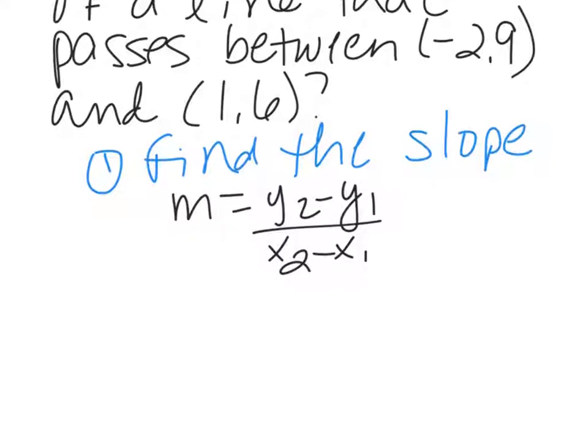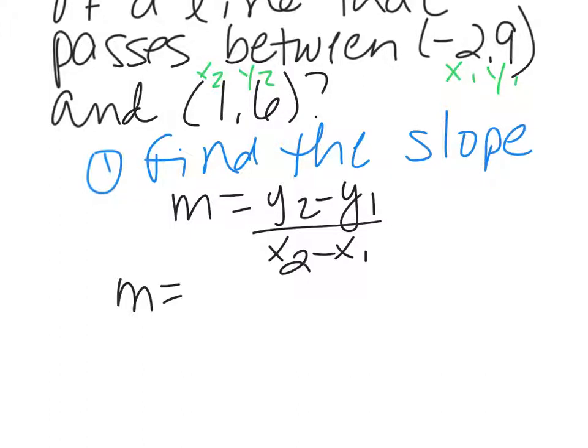You could make a little table if you wanted to, but I'm going to do it this way. So I'm going to use x1, y1, x2, y2. Basically, the way I remember it is I'm just going to subtract the y's and then subtract the x's in the same order, because I'm going to start with the same point.